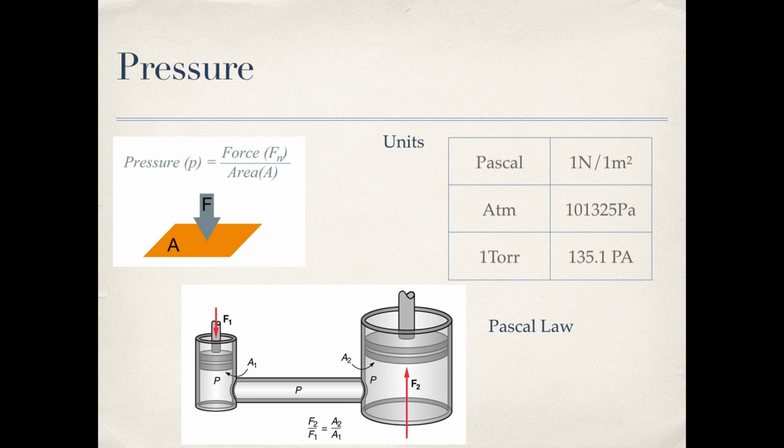It's a hydraulic lift. We have 2 containers containing the same liquid connected with a pipe, and when we apply a pressure to the container to the left, which is a container with a very small area, the force which we apply there to cause a given pressure in the small container is relatively small, namely the product of the force times that area is just that pressure.